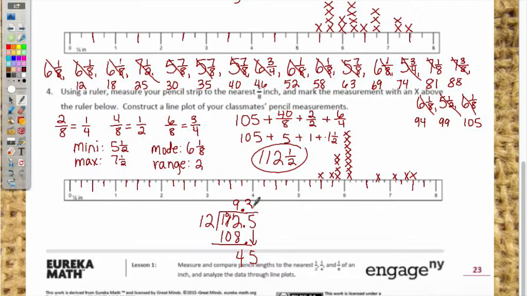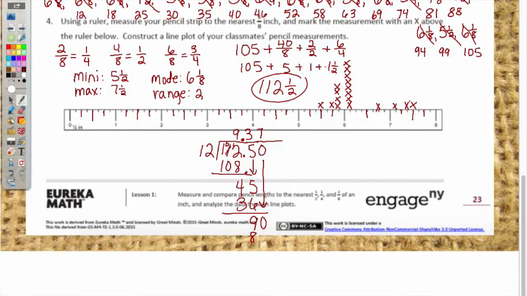So I've got 36. Oh, is this going to work out ever? Nope. 12 times 7 is 84.